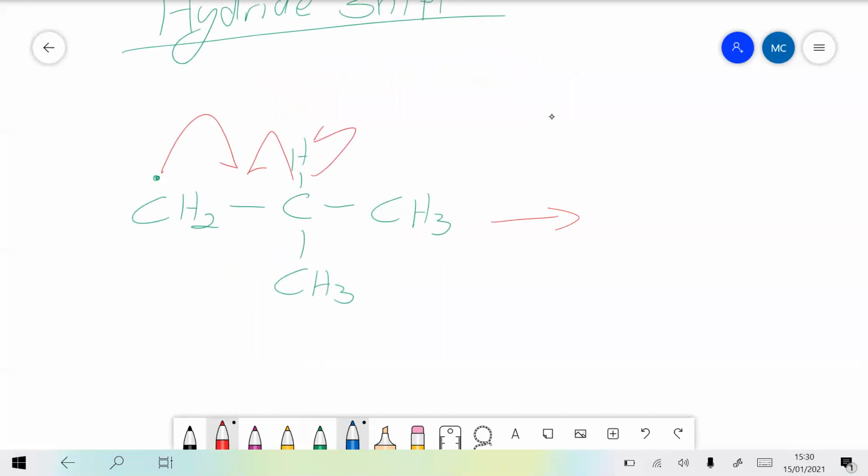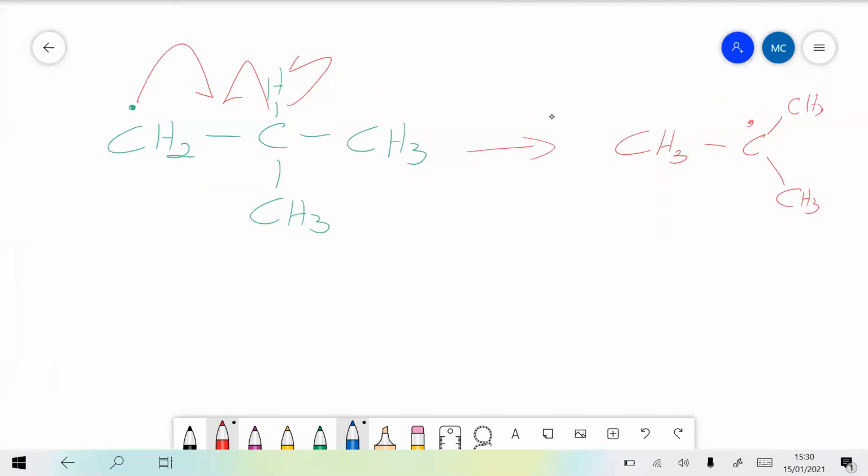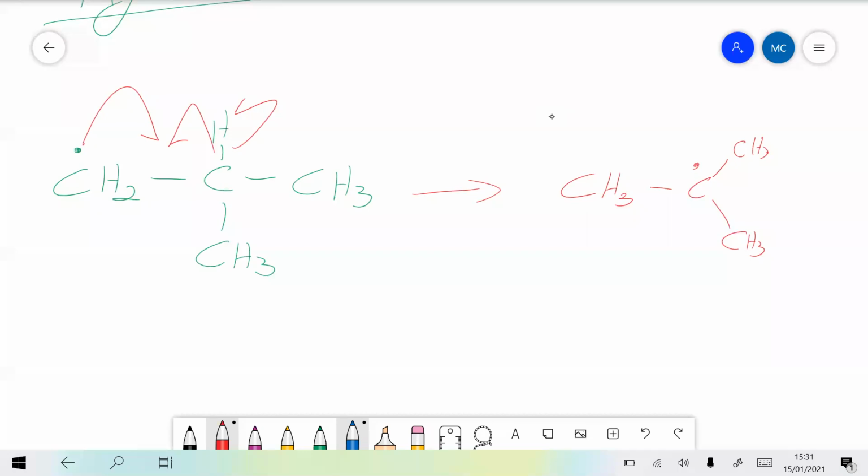So you go from having a primary radical to having a tertiary radical, which is more stable. Because the tertiary radical is more stable, the proton will jump carbon. That's what we call a hydride shift. So take some time to write that down. And if there are any questions, please ask.